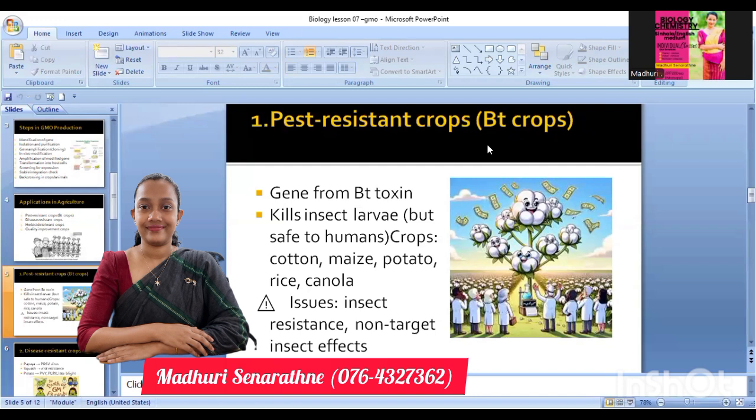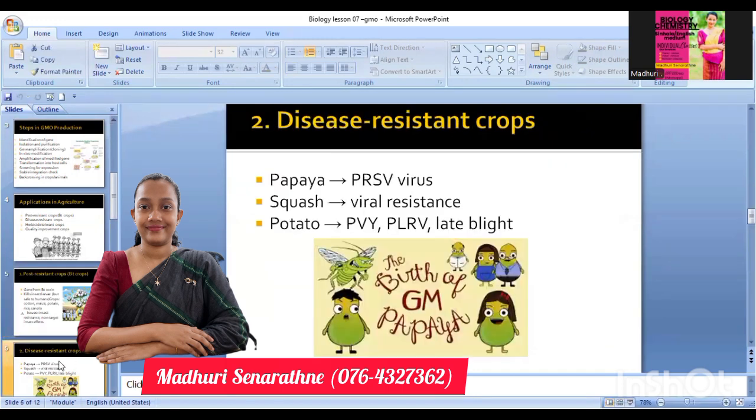This toxin kills insect larvae but is safe for humans. What are the examples? Cotton, maize, potato, rice, canola are examples. What are the issues? Insect resistance, non-target insect effects. Those are the issues.